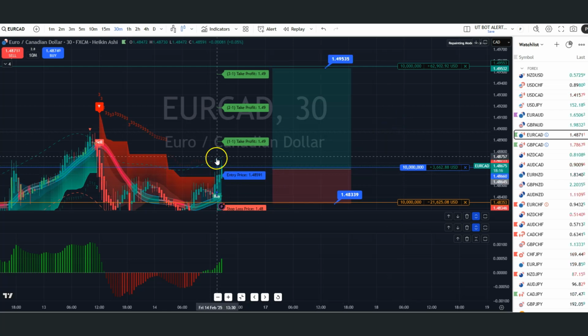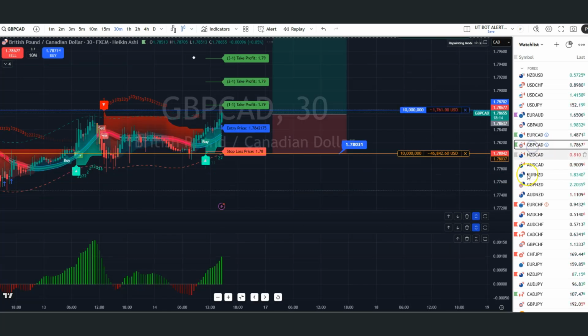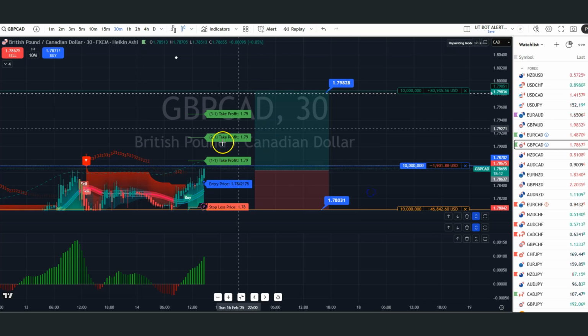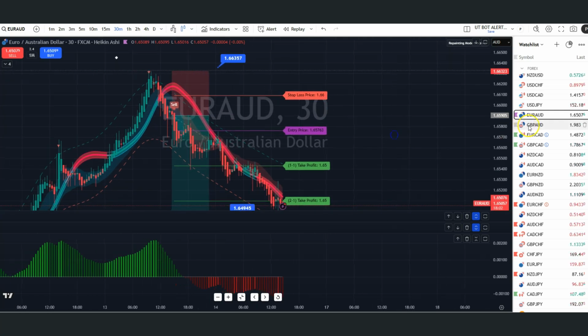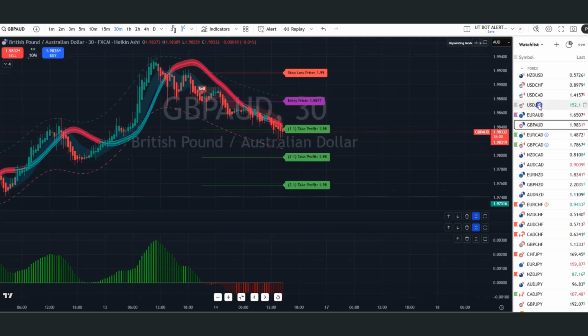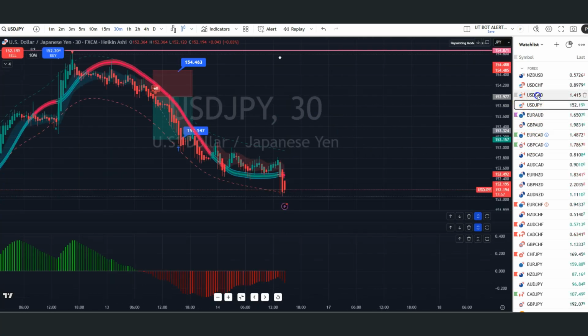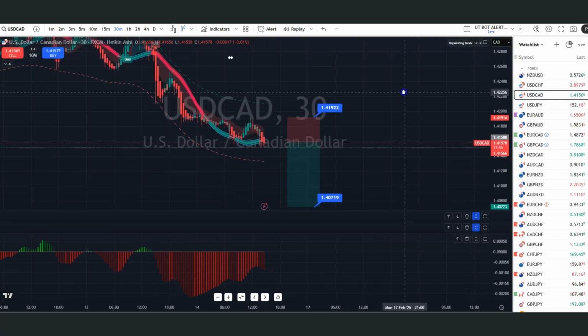So I'll probably be taking one of these off, if you see what I mean. Once this comes into the money and gets to 2 to 1, or sorry, to 1.5 even, then I'll take one of those off. So I'm just flicking through because I haven't seen these for a while.